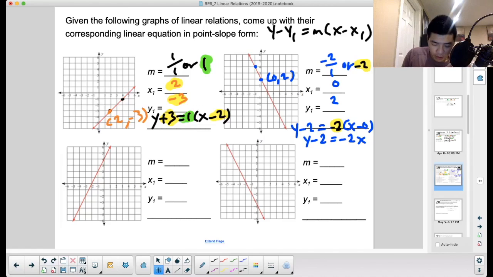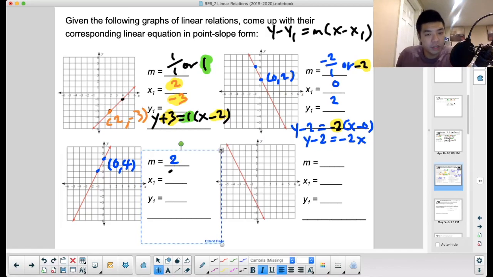Example number 3, we want to choose 2 lattice points. So let's choose 1 there, and let's choose this one there. We can see that your slope is going to end up being 2, or 2 over 1. Let's use your y-intercept again, 0, 4.